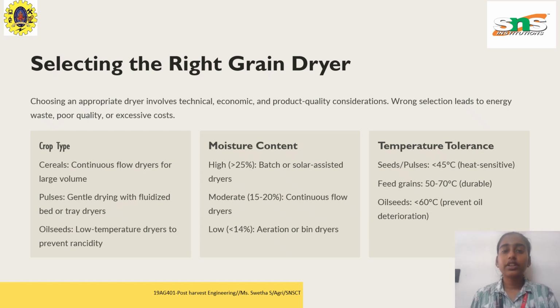Moisture content less than 25% is used for batch or solar dryers, 15 to 20% for continuous flow dryers, and very low, below 14%, for aeration or bin dryers. And temperature tolerance: seeds and pulses are heat sensitive, food grains are durable, and oilseeds need protection to prevent oil deterioration.